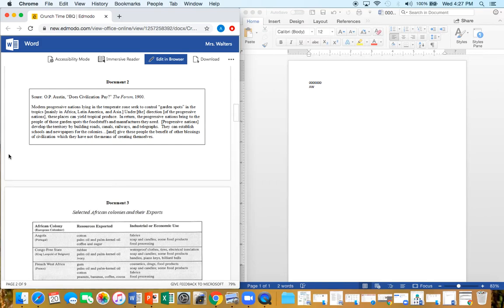Industry or capitalism. And for that, I see document 1, document 3, document 4 if I have time.